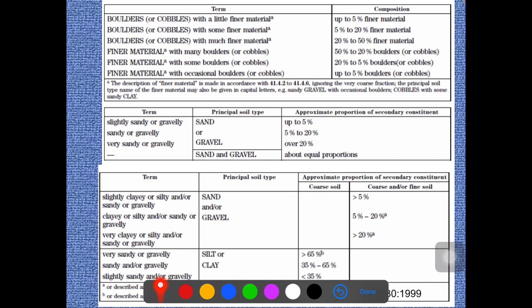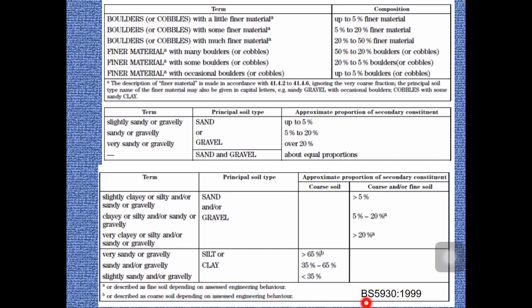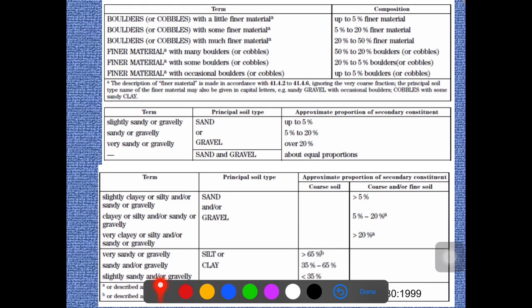So you have to refer to this chart or table from BS 5930, 1999. From this you will come up with the soil name, so very gravelly sand or whatsoever, slightly sandy. If the sand is the majority, it means more than 30.